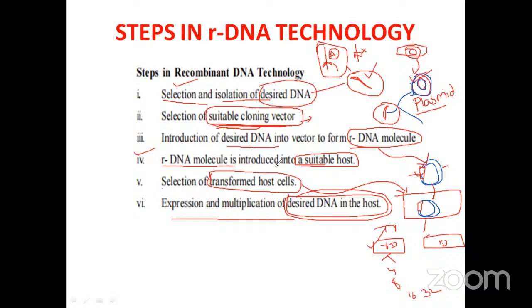The rDNA molecule is introduced into a suitable host. When this enters the suitable host, it is called a transformed cell. Then expression and multiplication of the desired DNA in the host. Finally, the desired character is expressed in the host cell. So these are the rDNA technology steps. Is it clear? Next one, let me take the slide.